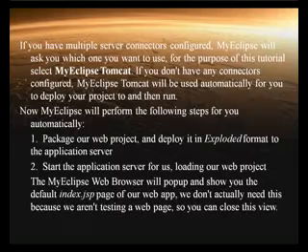First, package our web project and deploy it in exploded format to the application server. Second, start the application server for us. Loading our web project, the MyEclipse web browser will pop up and show you the default index.jsp page of our web app. We don't actually need this because we are not testing a web page, so you can close this view.